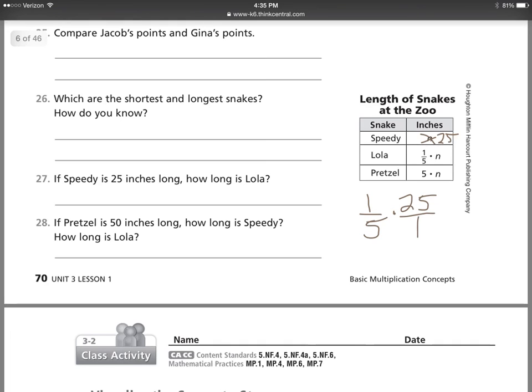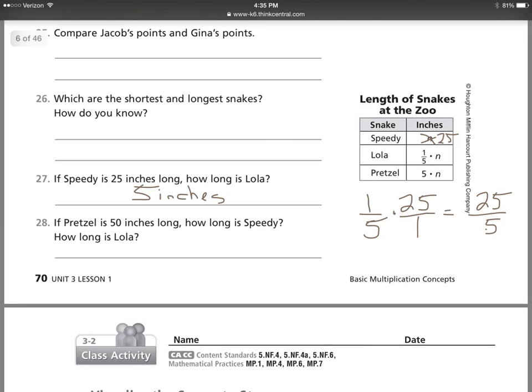This is why we learn to change mixed numbers and whole numbers into improper. In order to do that, it's very simple. Just put a 1 under the 25. Now we can multiply straight across and get 25 over 5. 25 over 5 is improper and should be fixed. It's really a division problem. 25 divided by 5, which equals 5 inches.